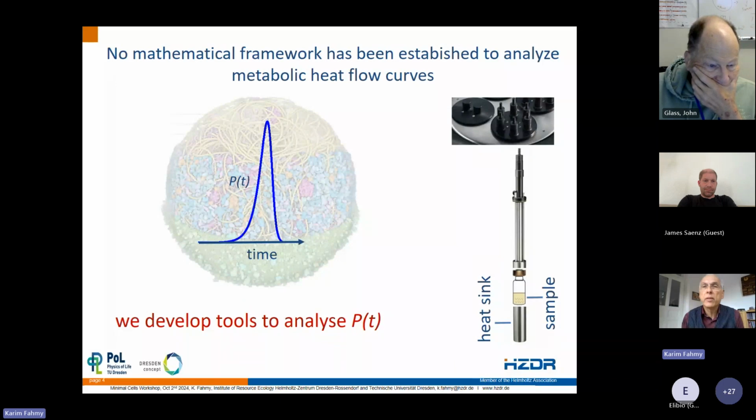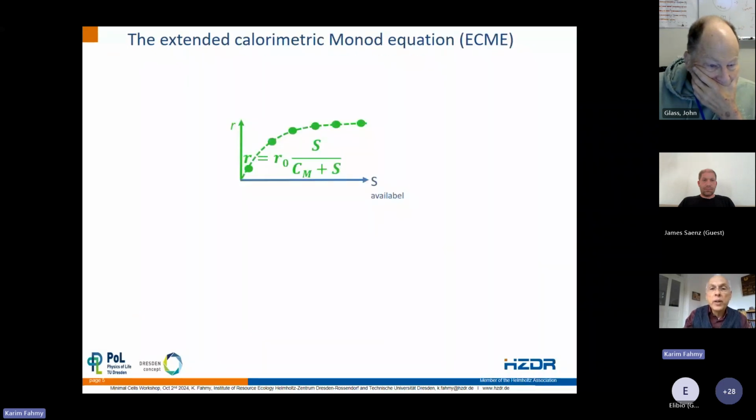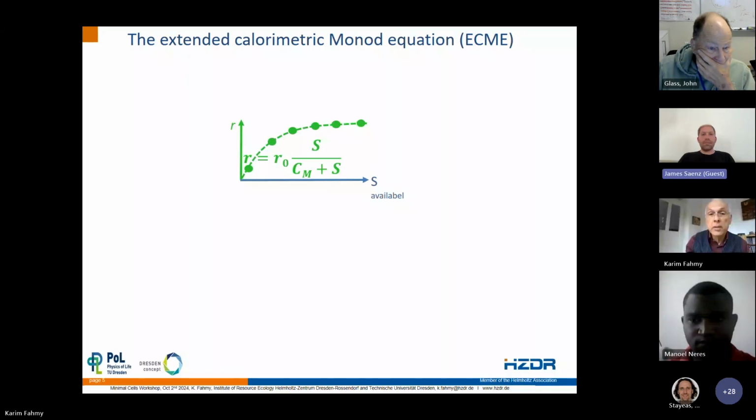Of course, we want to understand the metabolism of these cells, but also from the perspective of heat flow analysis, it may help to benchmark the mathematical approaches that we have chosen to analyze such data. We try to do this in the context of the Monod equation, which is plotted here.